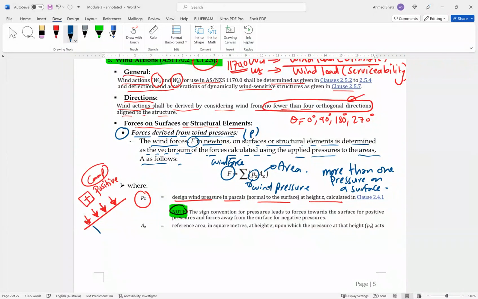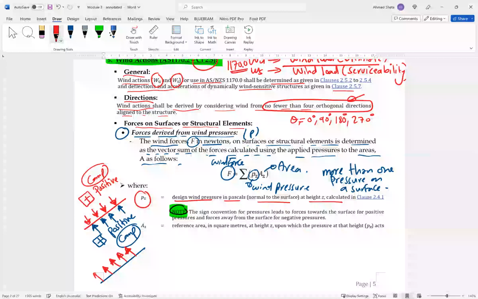In some cases we have internal pressure, so this is also positive because it is compression. In other cases the pressure is going outwards, which is negative because it is suction.